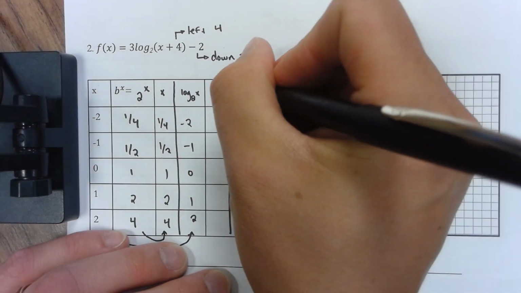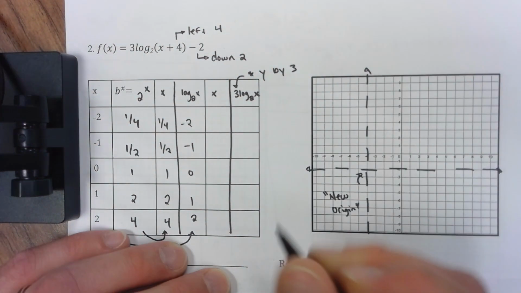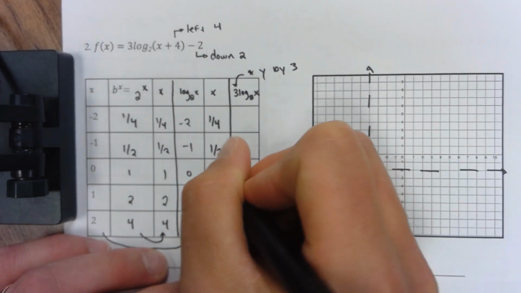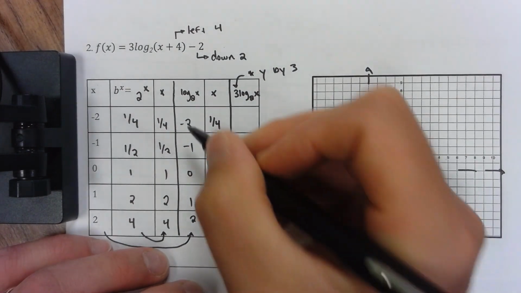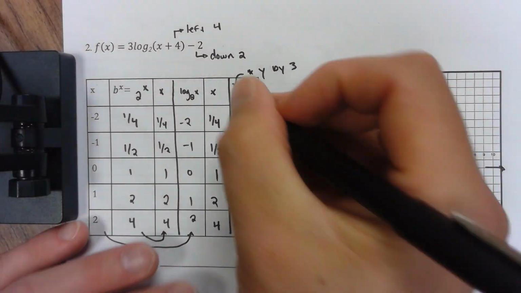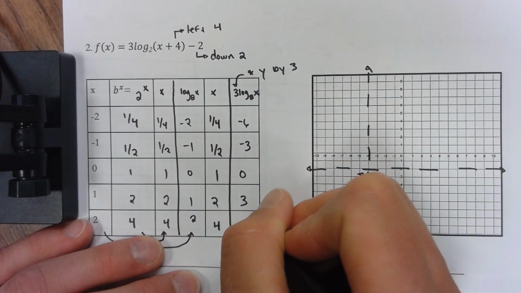So this 3 is telling us to multiply y by 3. So the x's stay the exact same, being 1/4, 1/2, 1, 2, and 4. All these y values are going to get vertically stretched as we multiply them by 3. So -6, -3, 0, 3, and 6.